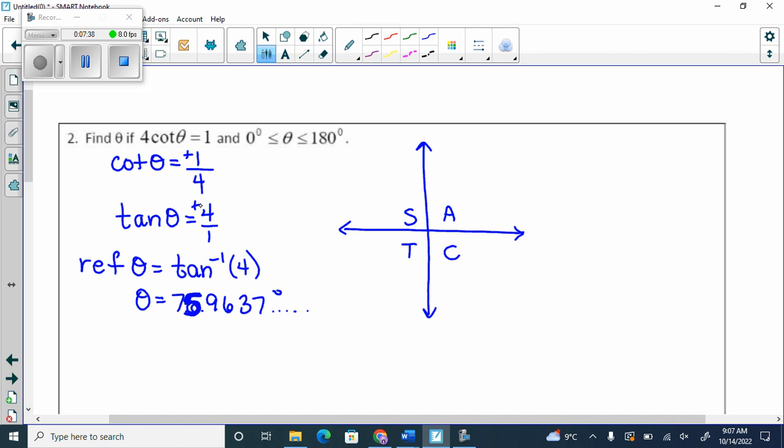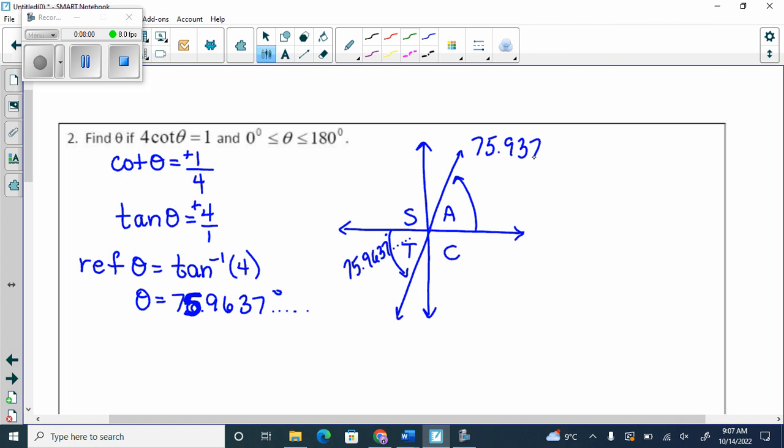So I can actually draw it somewhat correctly because it's 75 for the reference angle. Remember your reference angles are from your x-axis. So this here is 75.9637 degrees, right? So my first answer would be just that.